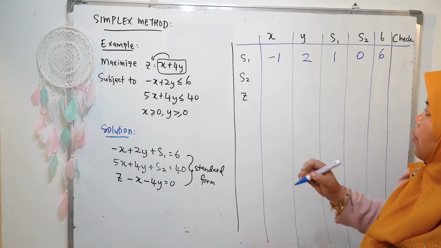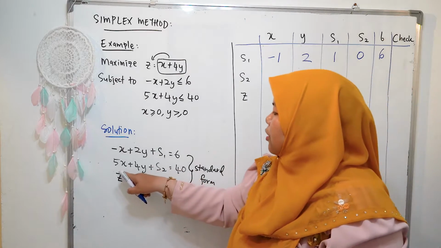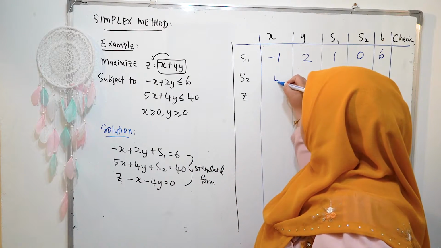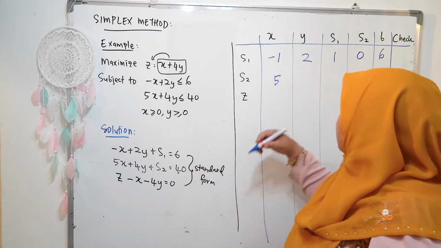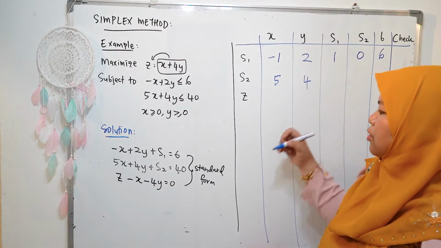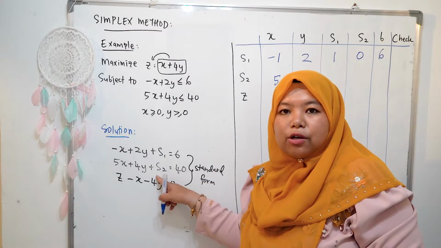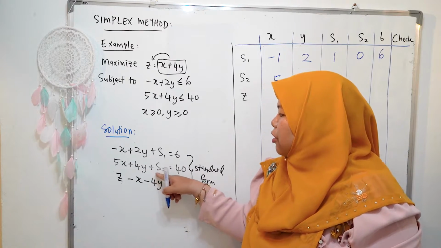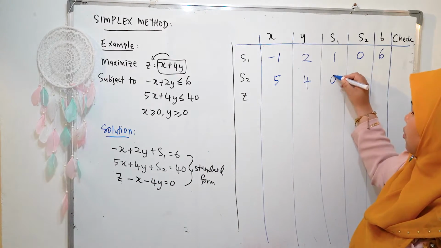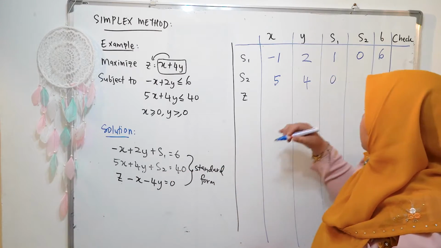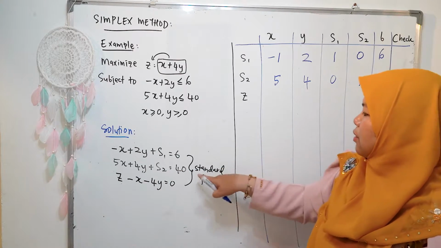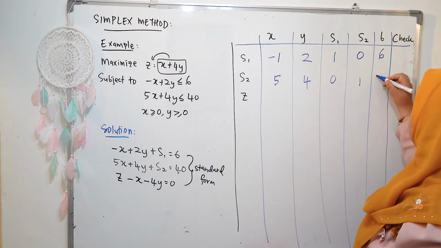How about the second one? The second constraint: x is 5, y is 4, and there is no s1 in the second constraint, so I put 0. For s2 is 1, b is 40.